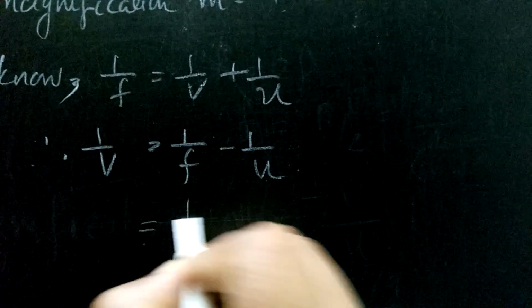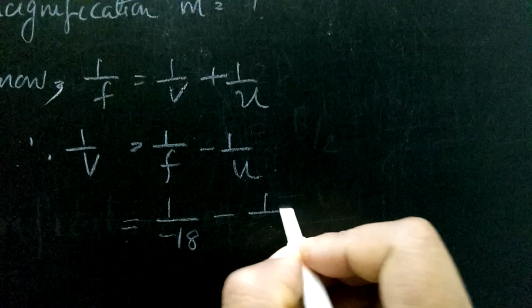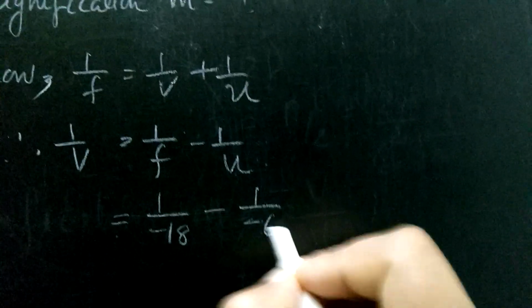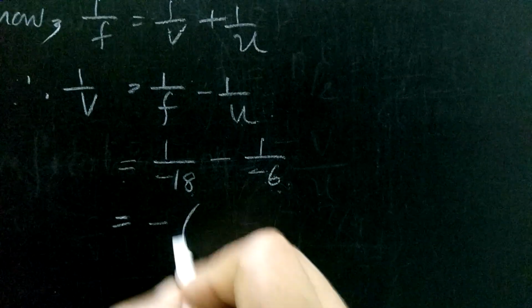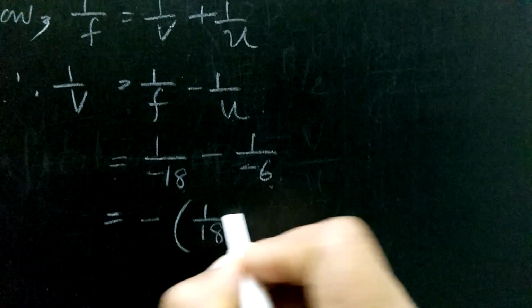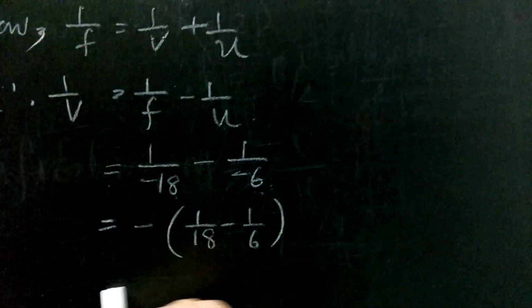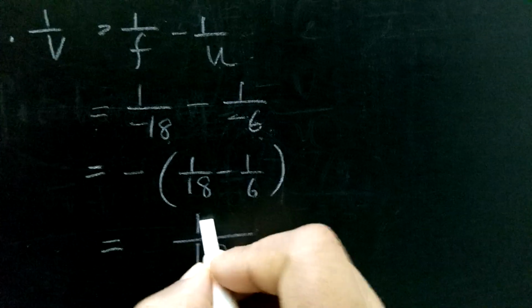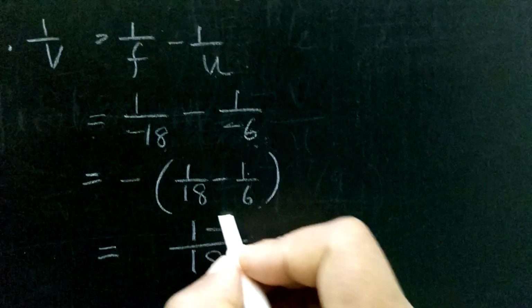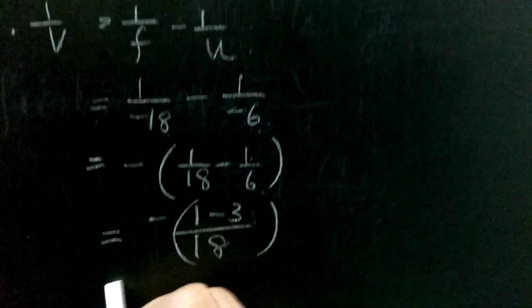So 1 by F here negative 18 minus 1 by negative 6. So it is better to take negative outside. Then 1 by 18 minus 1 by 6. So here 18 is the LCM. So 1 minus 3, whole negative will come, isn't it?